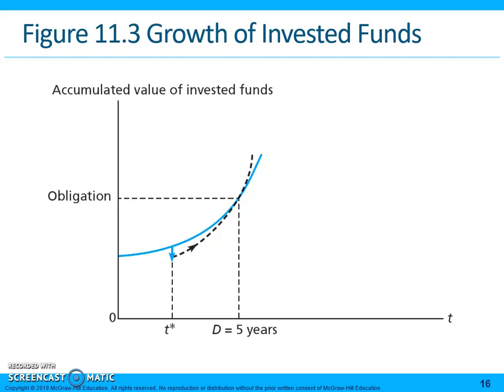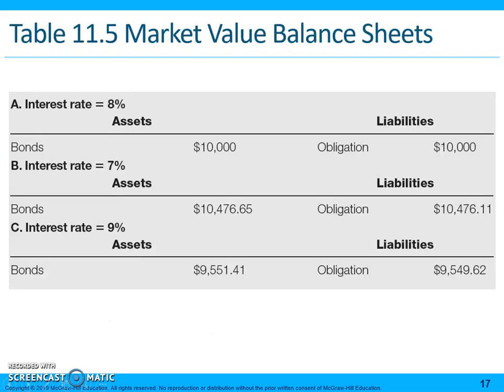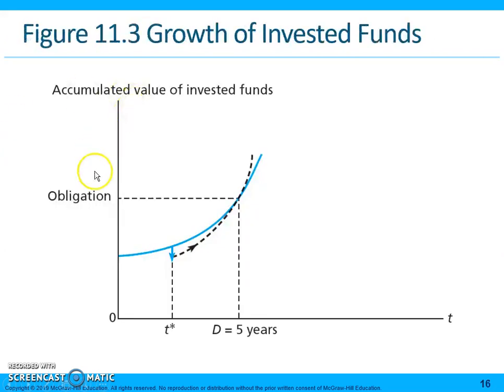Figure 11.3 shows the growth of invested funds. We have our obligation on the y-axis and time on the x-axis. So at some point during the 5 years, rates fall. This would actually be rates increase, sorry, and the value of the obligation falls. This would show a graph of how C would work.